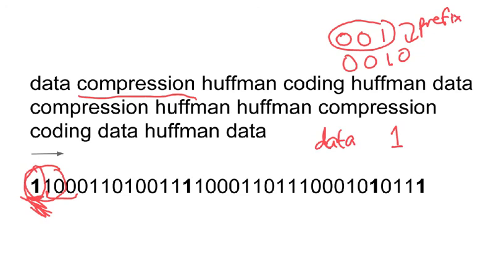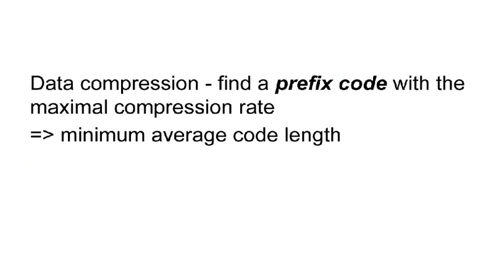So it's important that the code we use for the compression be what we call a prefix code, which means that none of the codes is a prefix of some other code. At this point, you're ready to state the goal of data compression in a more formal manner.